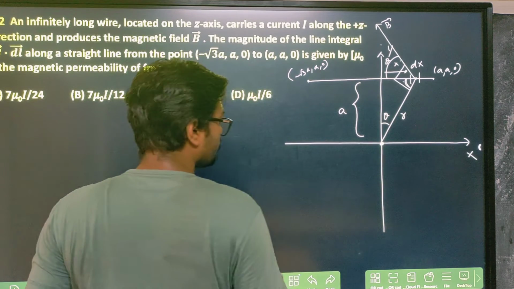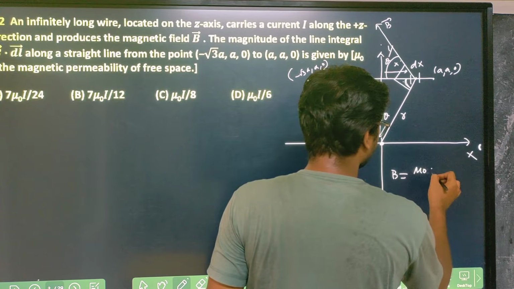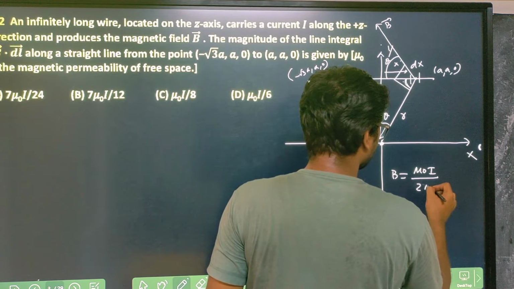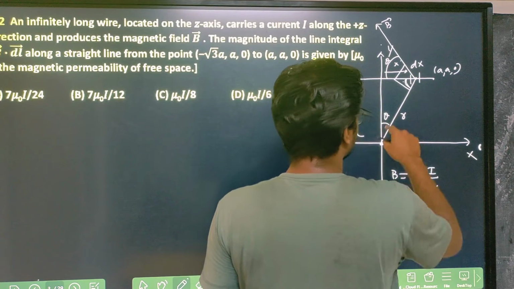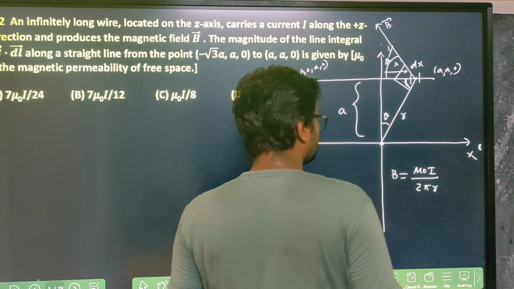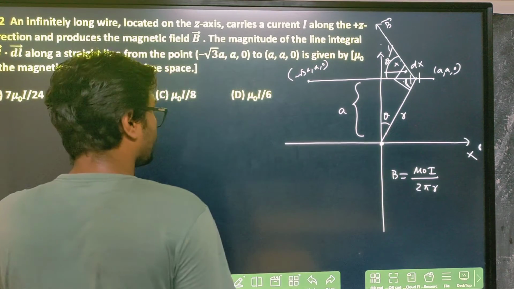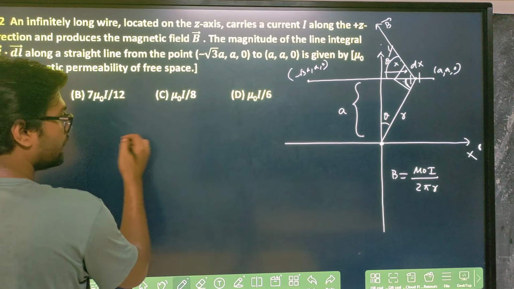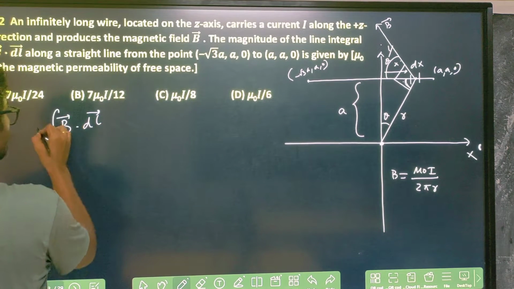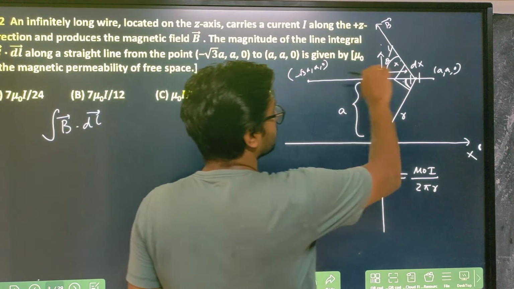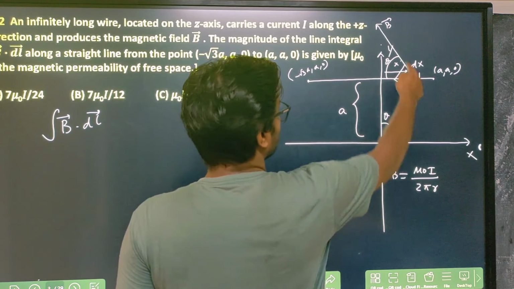First find out B. So the B magnitude will come as mu naught I divided by 2 pi r. This will be your magnetic field magnitude at this point. R is the distance from here to here. So B dot dl integration: dl is along this direction, your dx, and B is along this direction.